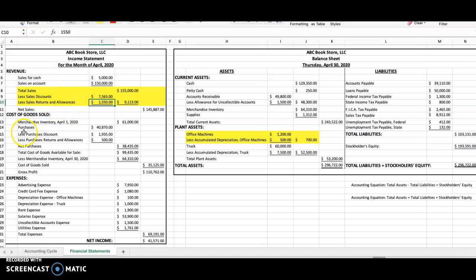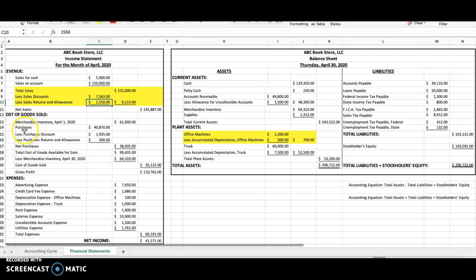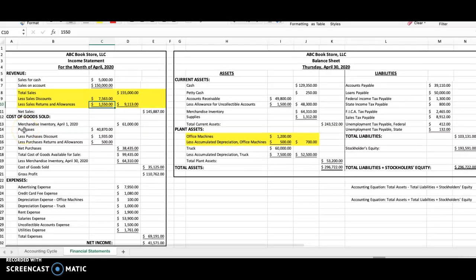Now, something more recent that you just had deals with the opposite of sales returns and allowances and sales discounts. It deals with purchases. So let's look at this little section under the heading cost of goods sold. First of all, we have purchases, and we have two negative numbers indicating net purchases. So this tells the owners that we made purchases of merchandise. And again, this is not purchases of supplies or that type of thing.